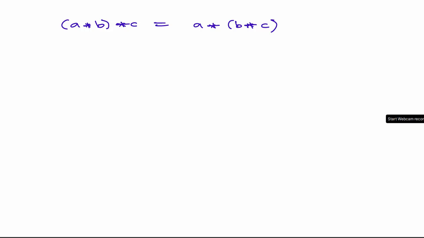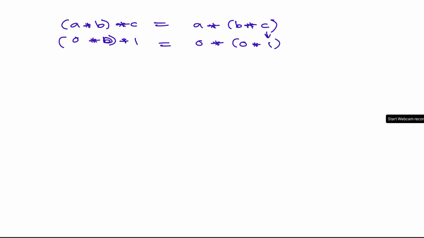Now here what you are going to do, I'm going to make things very simple. I'm going to write A to be 0, B to be 0, then star, C to be 1. So (0 star 0) star 1, because C is 1 here.